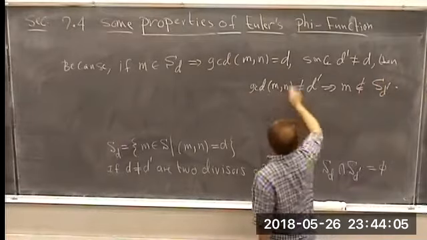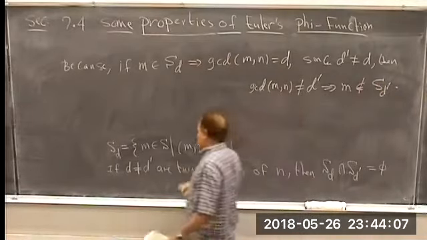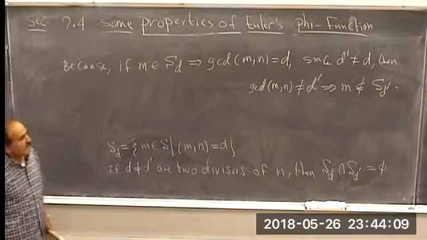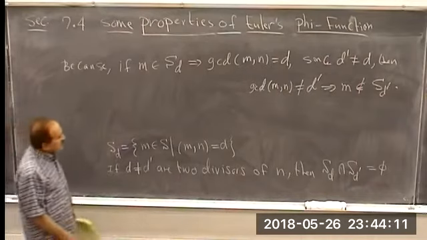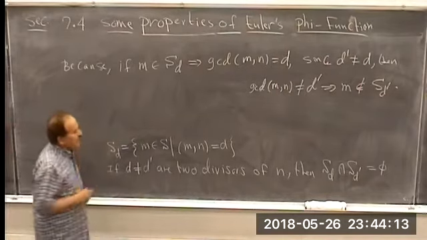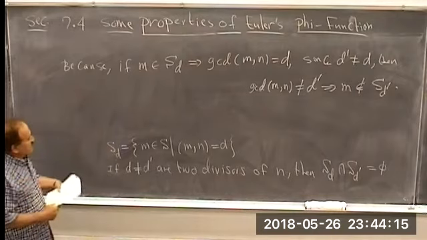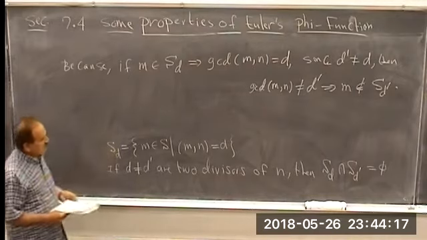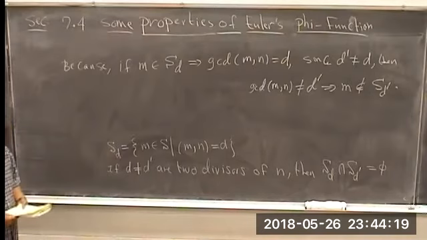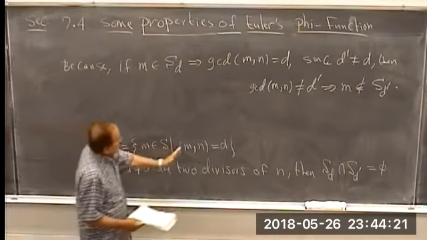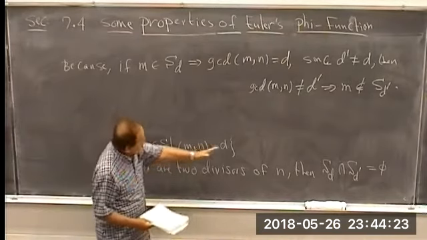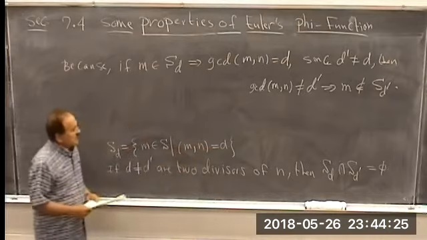So if an element is in S sub d, then it cannot be in the other one. And we know S sub d at least contains one element, which is d itself, the divisor, because the gcd of d with n is going to equal d.